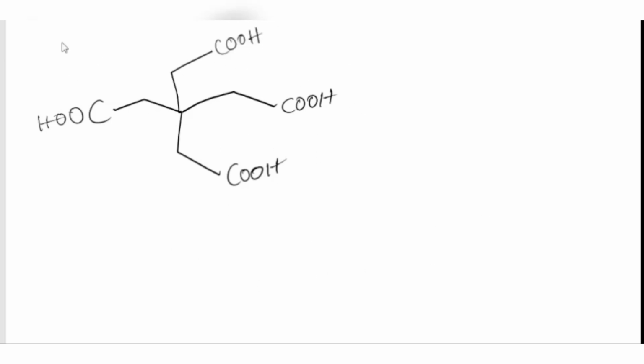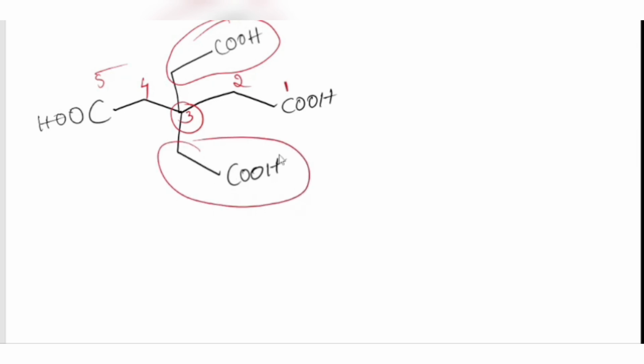Now it is a highly symmetrical molecule. I can take the numbering from any side, 1, 2, 3, 4, 5. At the third position, a similar group is there as a side chain, that is, this is carboxylic acid and this is methyl, carboxy methyl. We have to use it as a prefix.